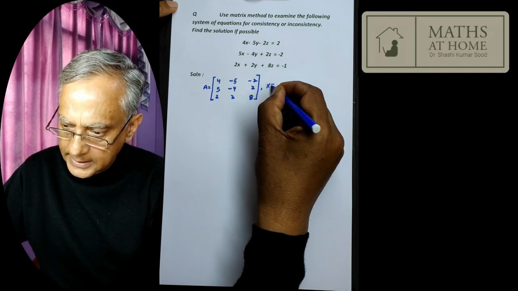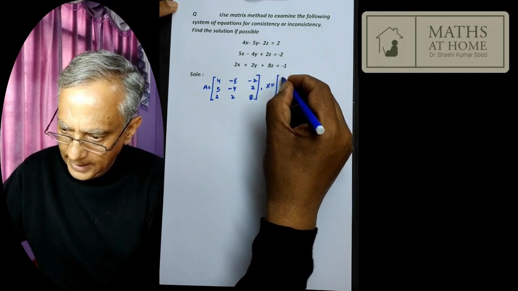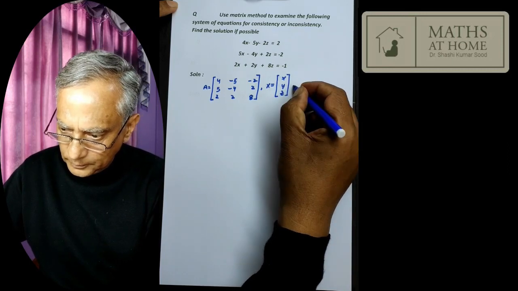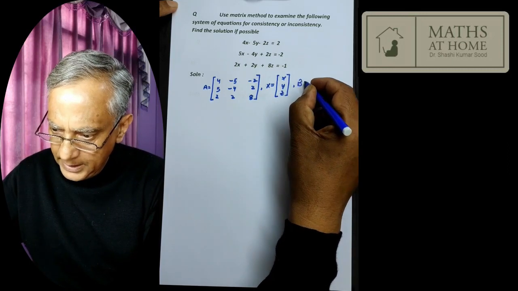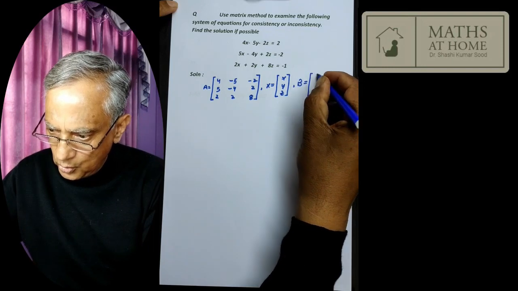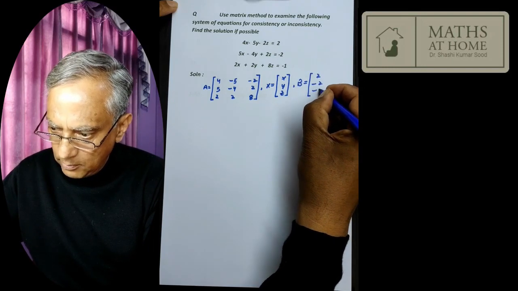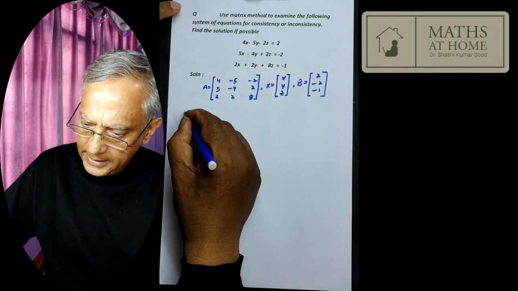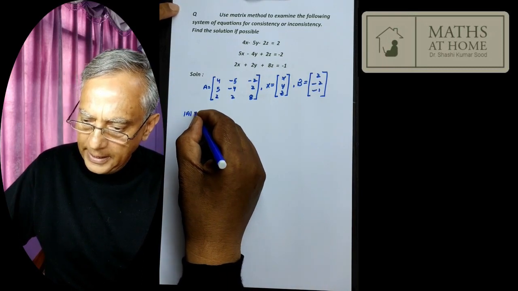The variable matrix X is x, y, z, and B is 2, minus 2, minus 1. Now first of all we find the determinant of A.